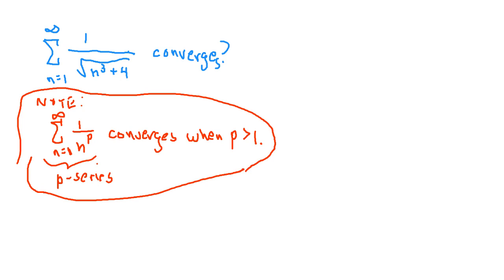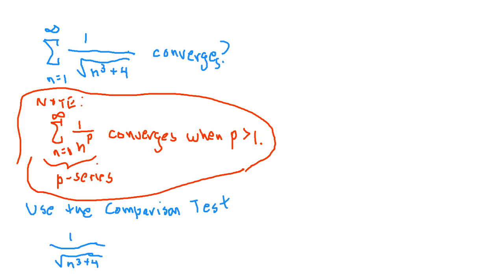Given that, we're going to use the comparison test. I'm going to take 1 over the square root of n cubed plus 4.